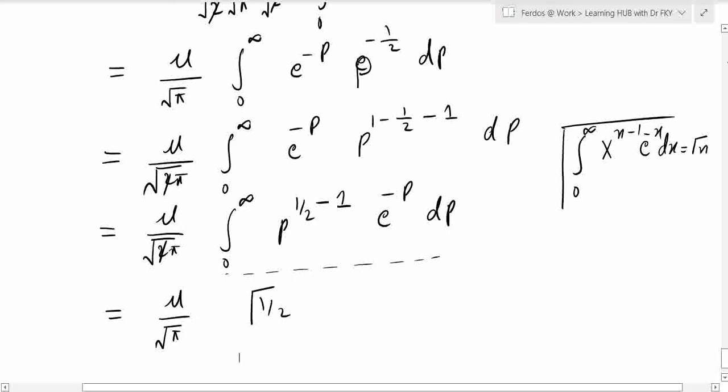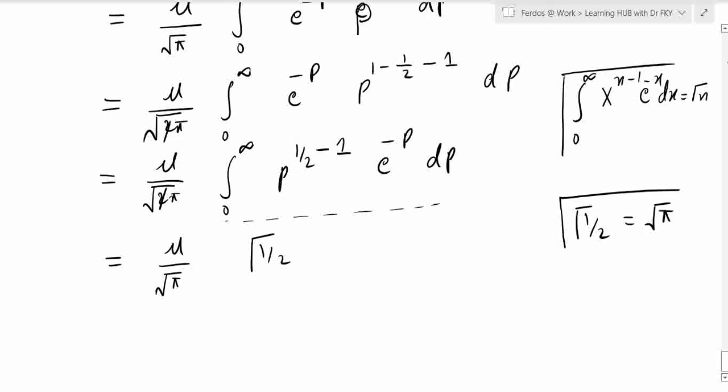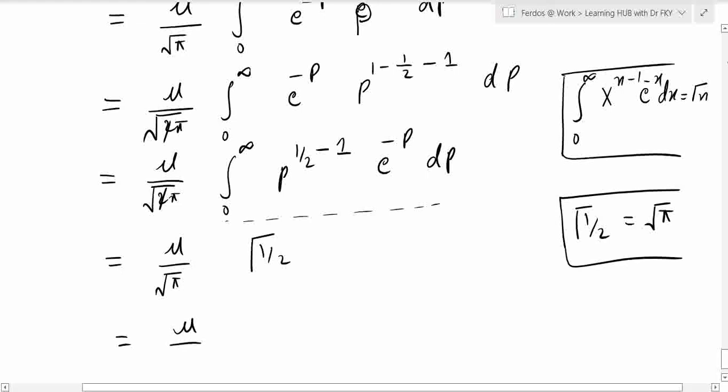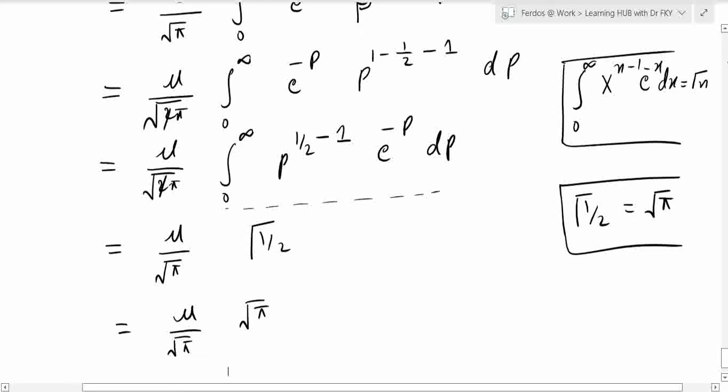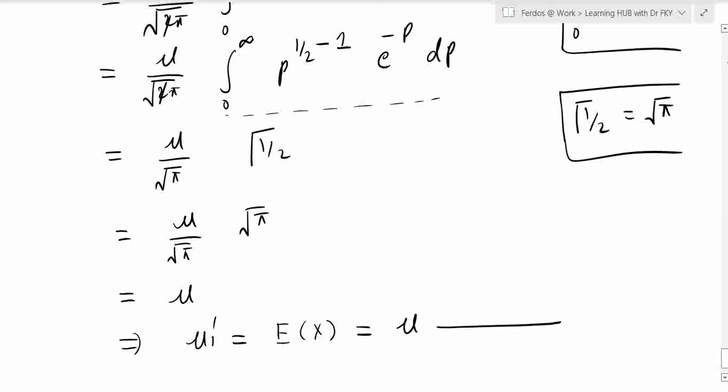In addition, you should know that gamma of 1 divided by 2 is equal to the square root of pi. This small thing you should know. So mu divided by the square root of pi times the square root of pi is equal to mu. This means that mu1 prime is equal to E of x, which is equal to mu. So this is now equation 1, suppose.